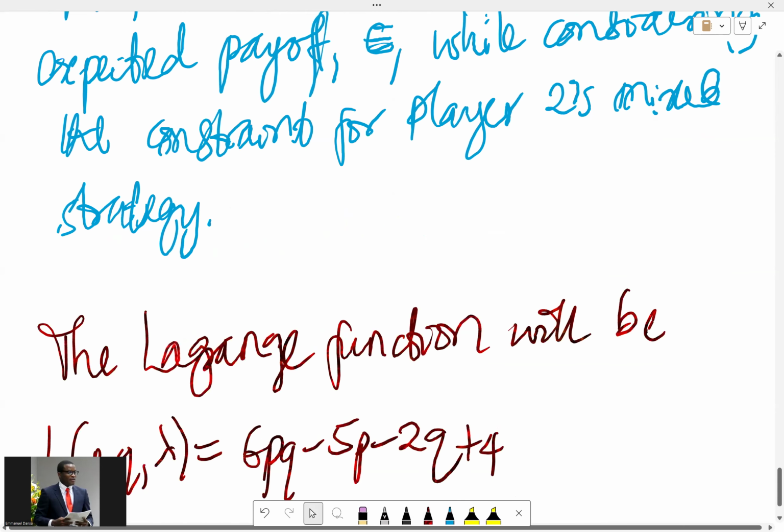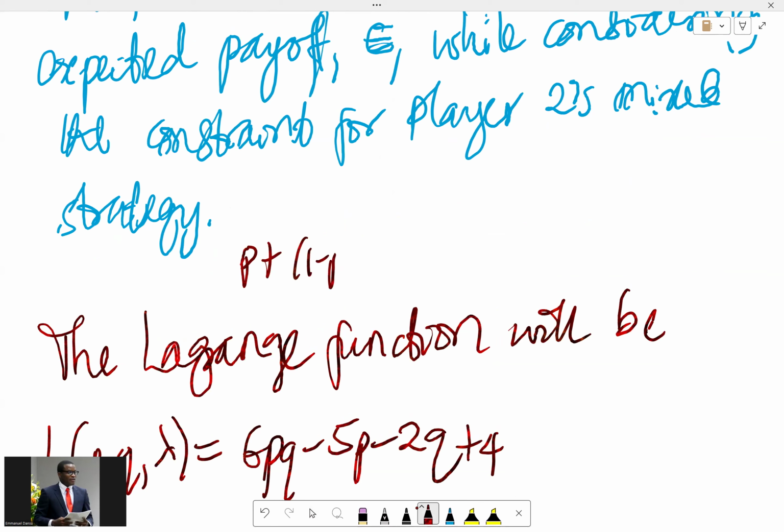So we see the constraints already. We know that P plus 1 minus P is equal to 1. This implies that P plus 1 minus P minus 1 is equal to 0.